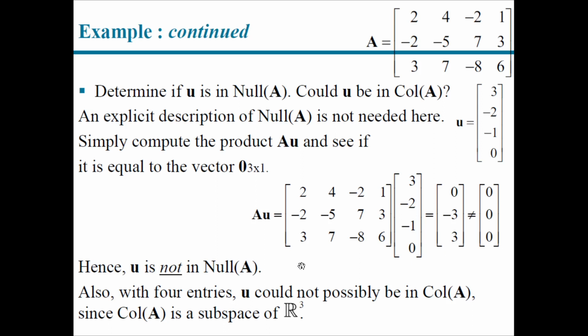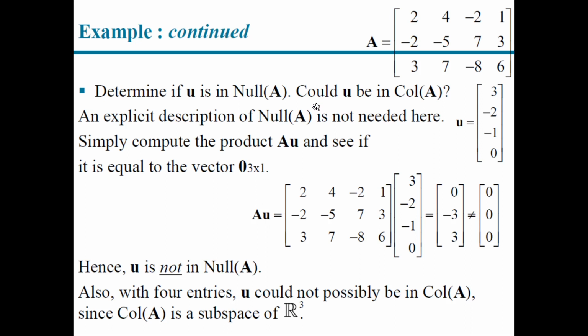So U does not belong to the null space of A. Why? Because for vectors in the null space of A, A times U should be 0. If U was there, it should be 0, but it's not 0, so it's not in the null space, obviously. Z is in the null space if and only if A times Z is equal to vector 0. We know the definition.